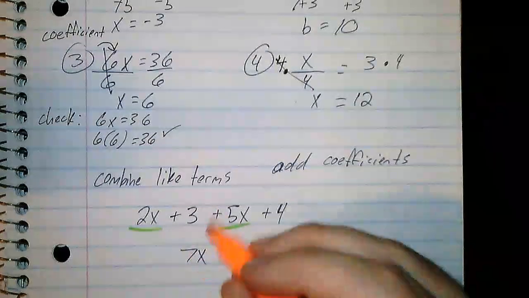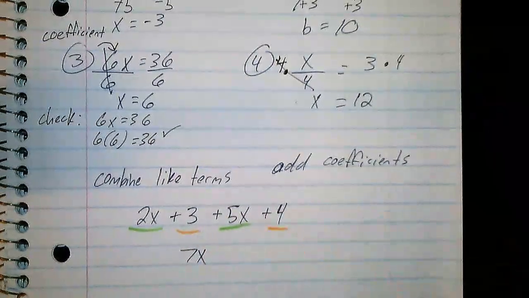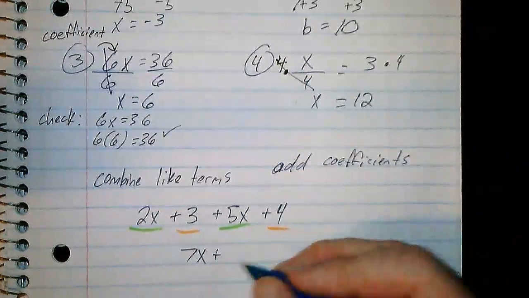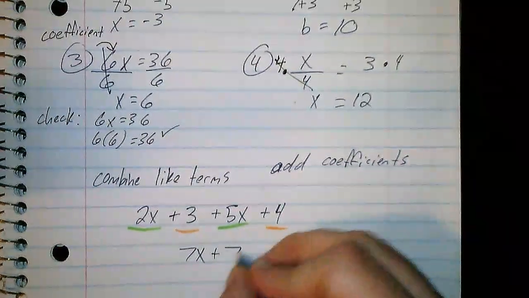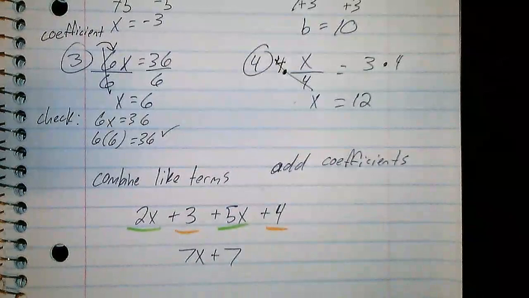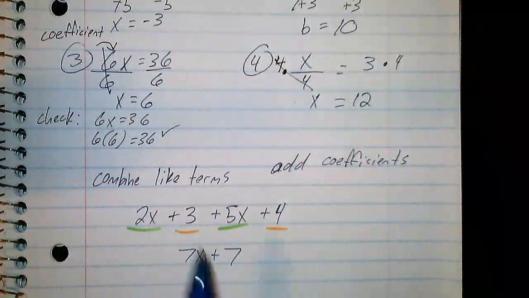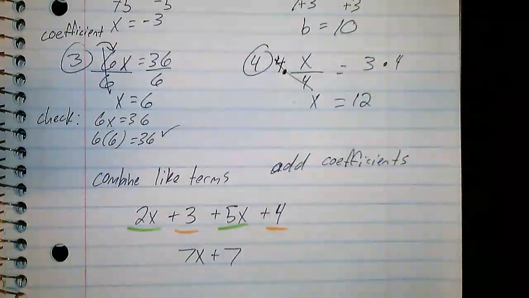And then two numbers, or constants, are also like terms. So 3 plus 4 would make 7. So combining like terms, only combine an x term with another x term. Only combine a constant with another constant.